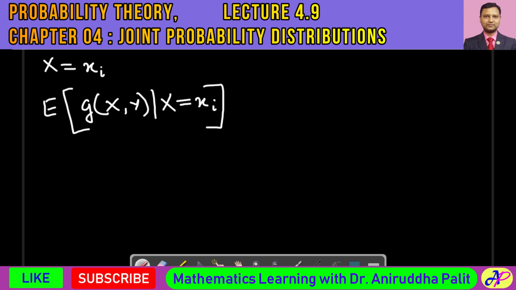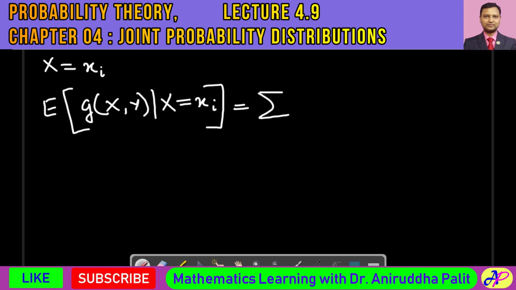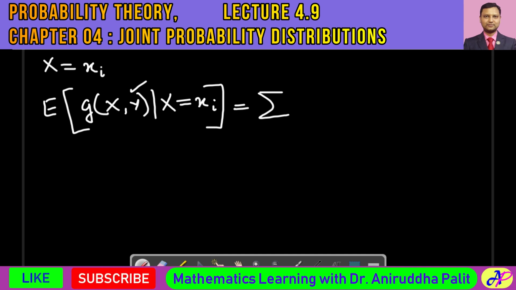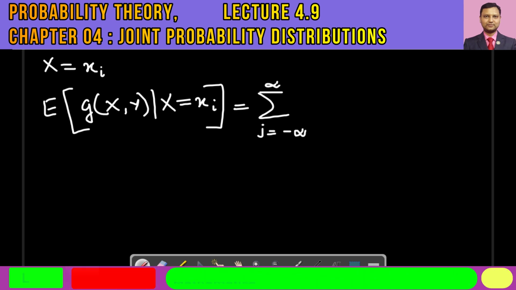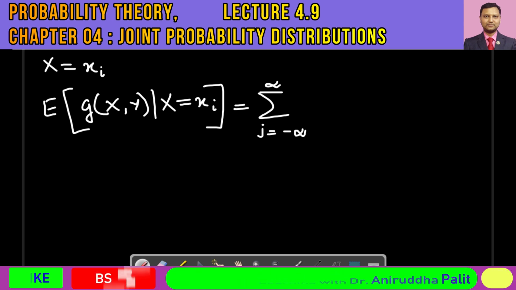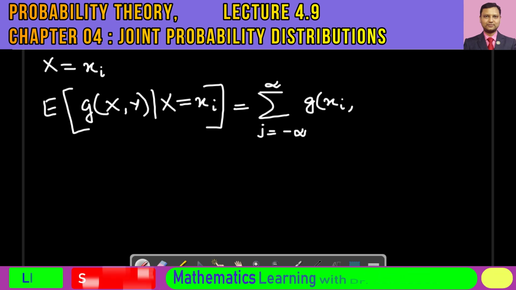We shall have to define it in this way. X equal to xi is already provided, therefore it is the expectation obtained from the distribution of Y. That's why we should write a summation over j, theoretically varying from minus infinity to infinity. In place of x and y, we just write xi and yj, so we shall have g(xi, yj).